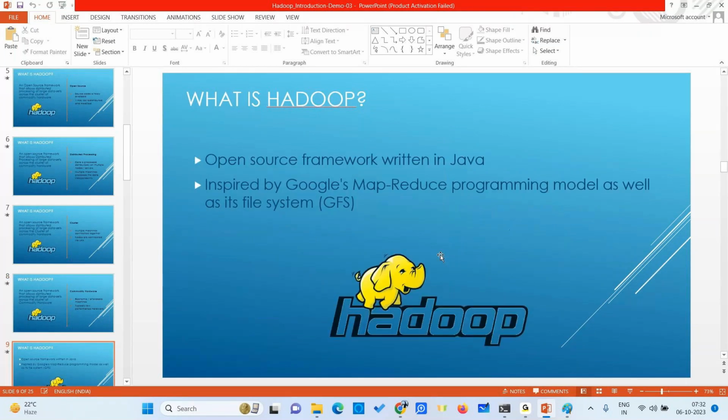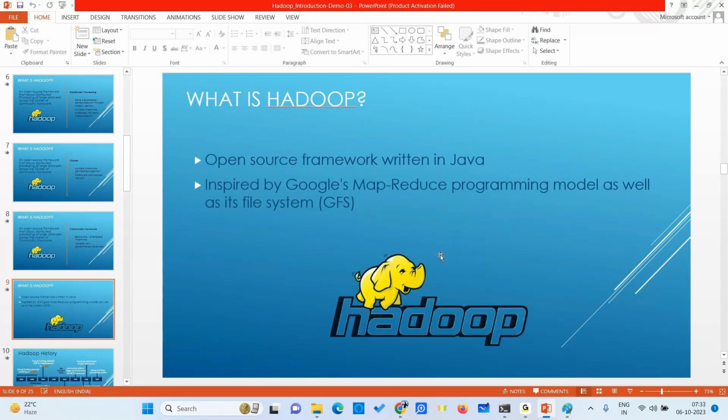What is Hadoop? Again, as we know, it's an open source framework which is written in Java. So you need not worry about Java programming. We are not going to use any Java here. We are going to learn Python, okay. But that Hadoop framework was written in Java. It was inspired by Google's MapReduce programming model as well as its file system GFS.